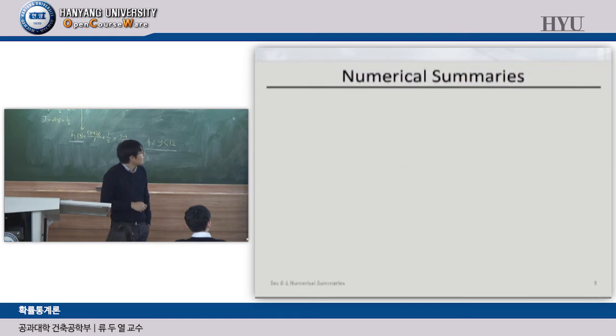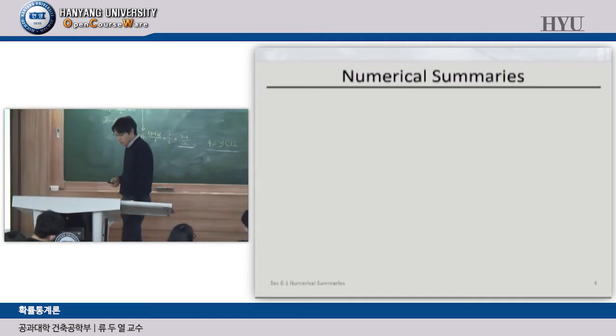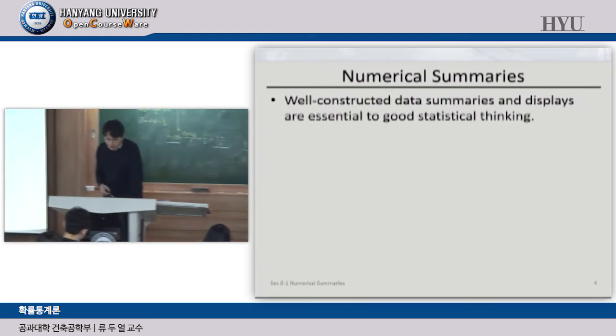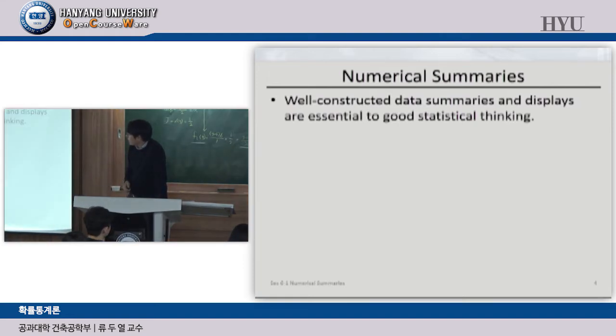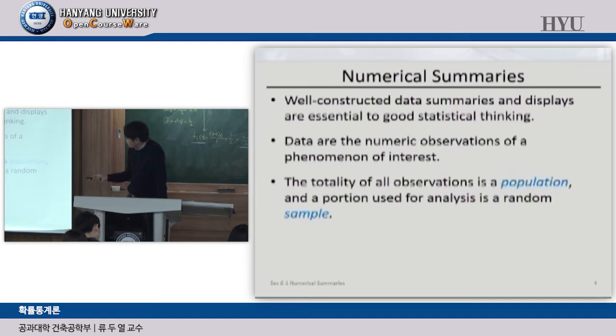Okay? First, we are going to discuss the numerical summaries. Well-constructed data summaries and displays are essential to good statistical thinking, right? And data are the numeric observations of a phenomenon of interest. And the totality of all observations is a population, okay?